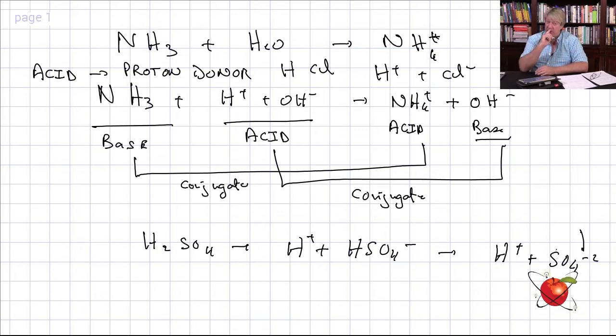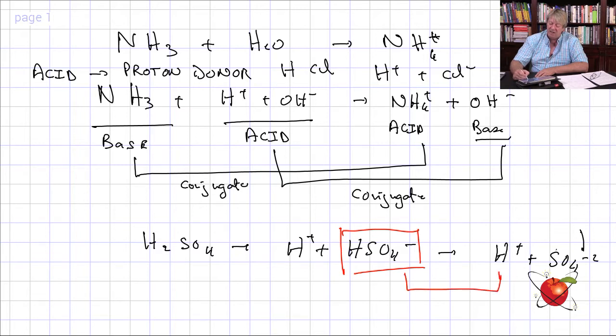Remember the valency of the polyatomic ion sulfate, minus 2. Therefore, this HSO4 minus can still donate, so it can be an acid, but it can also accept a proton, can't it? And it can be a base, because if I add that back, it goes back to H2SO4. So it's amphiprotic, it's going both ways. Okay, right. So there we've looked at that.